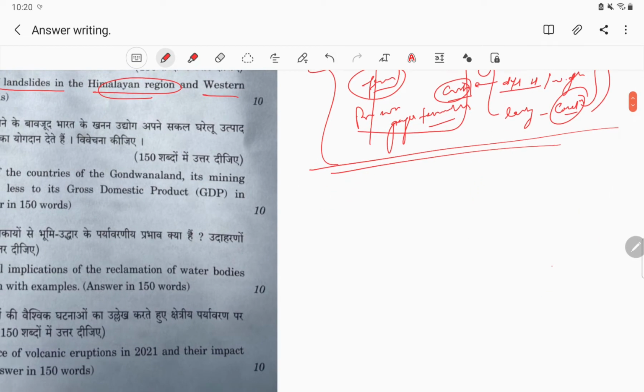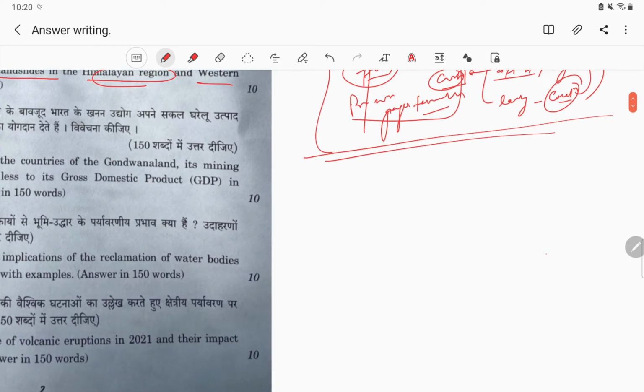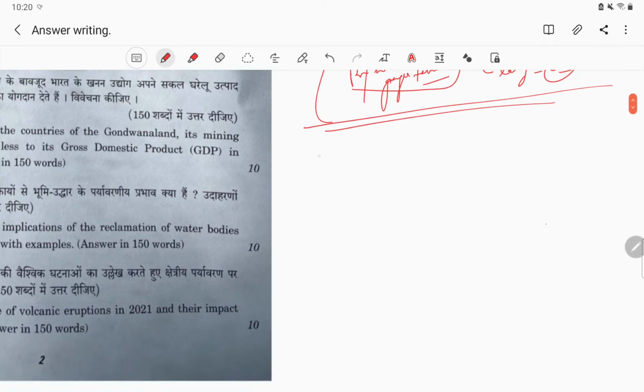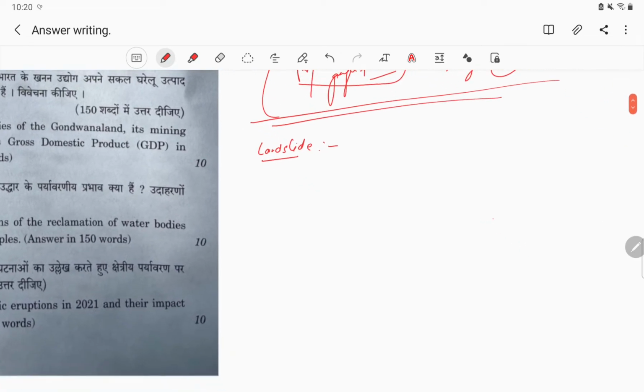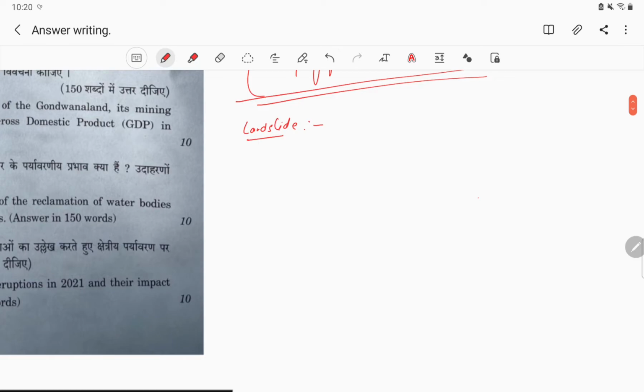Now here, if this question is on landslide, first you provide what is landslide. Provide 1-2 line a definition of landslide. That landslide is downward movement of landmass, either rock or debris, under the effect of gravity.